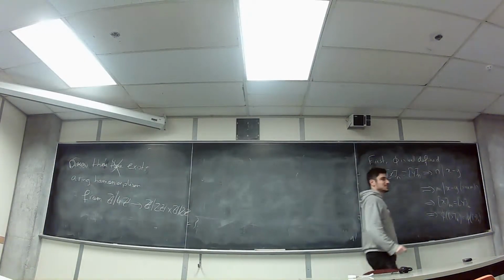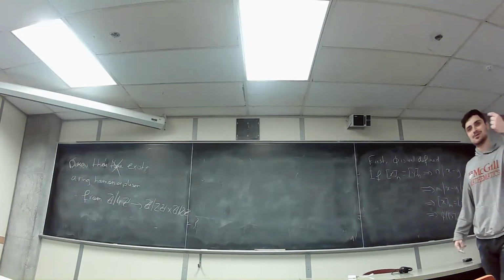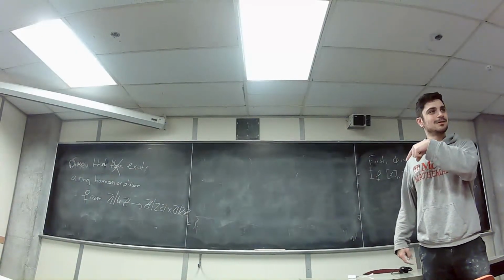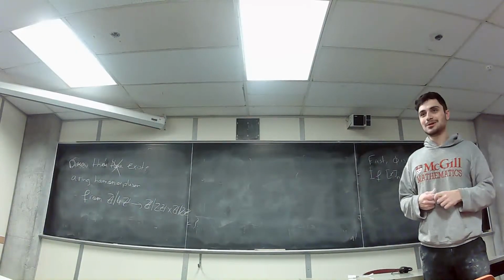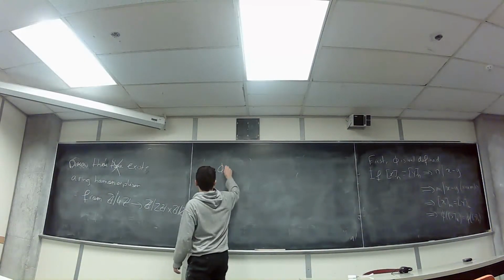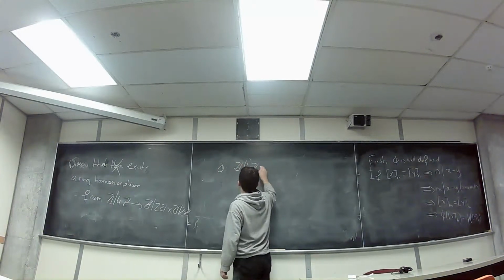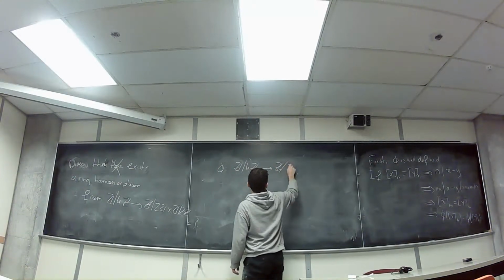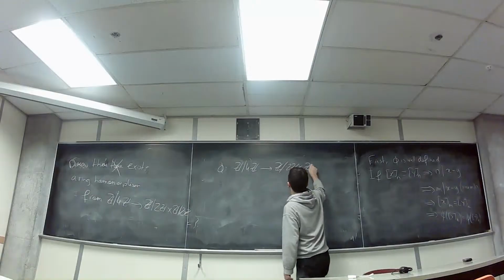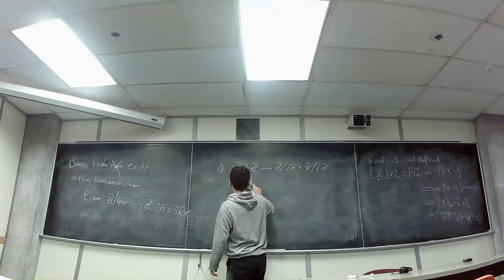Given the previous question, just find the homomorphism from Z4 to Z2, and then just replicate it, right? So what would your ring homomorphism be? Okay, 0 mod 4, where would it go?